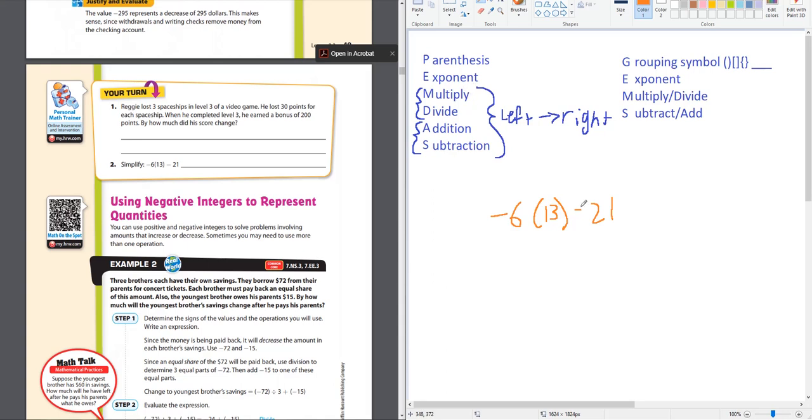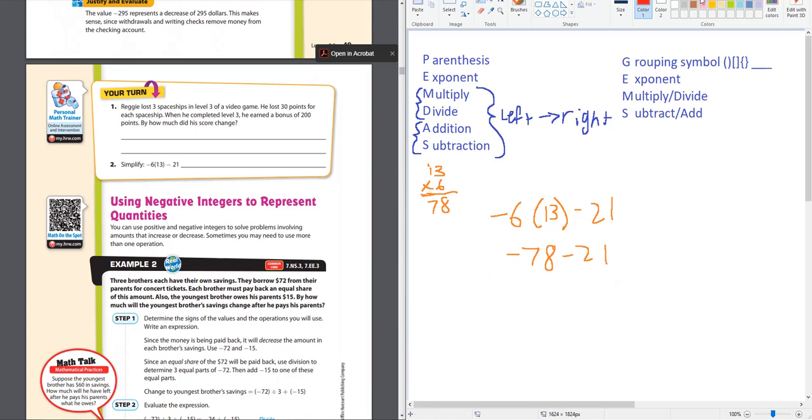There is a multiply, but no divide. So negative 6 times 13, I believe that is 78. Okay, so 78. One's a negative, one's a positive, so that becomes negative. Minus 21. Okay. So now I'm going to do negative 78 minus 21.